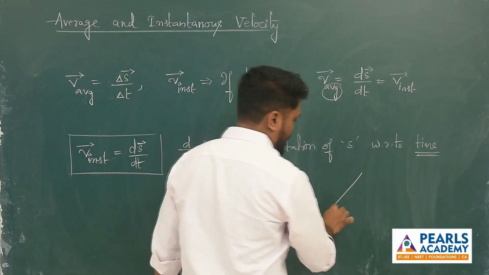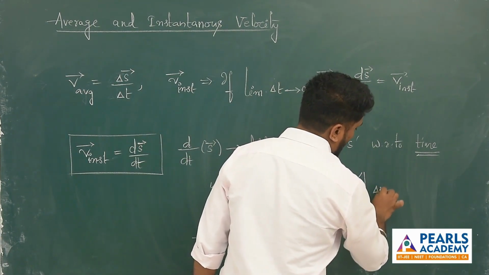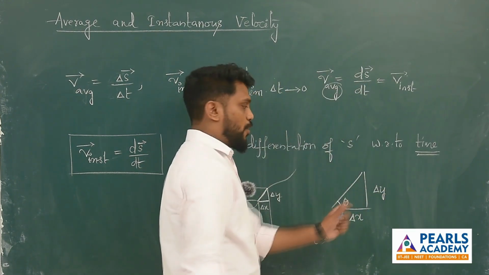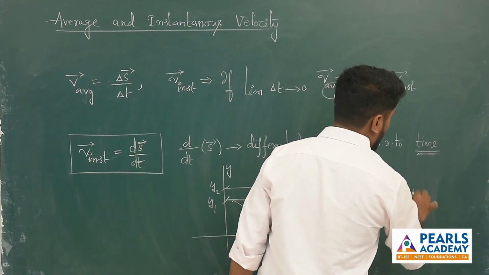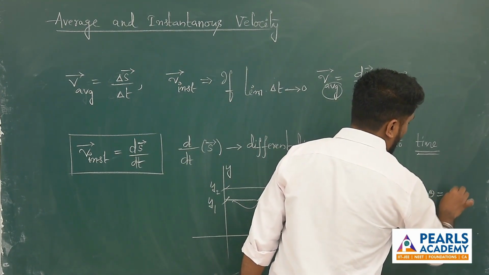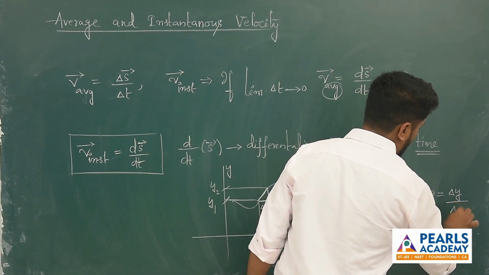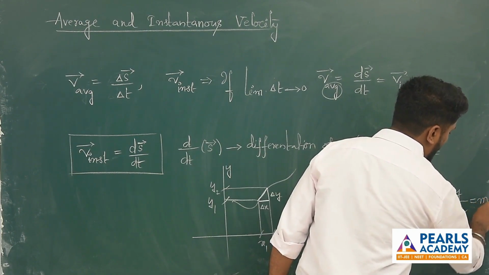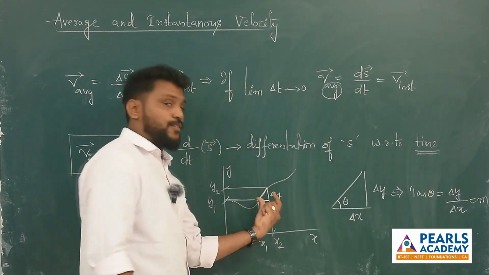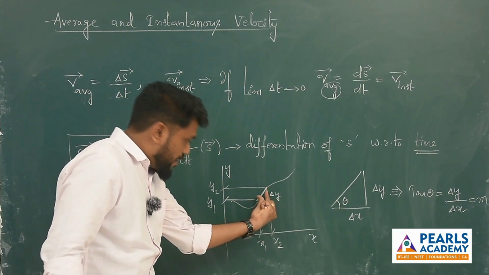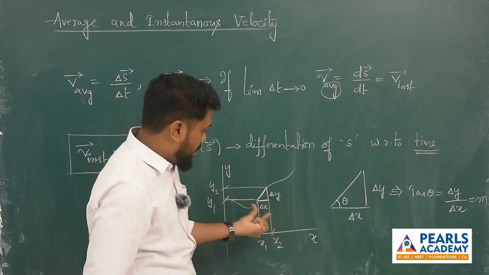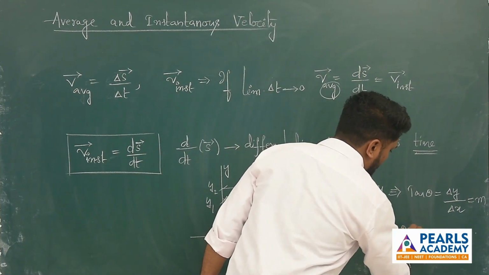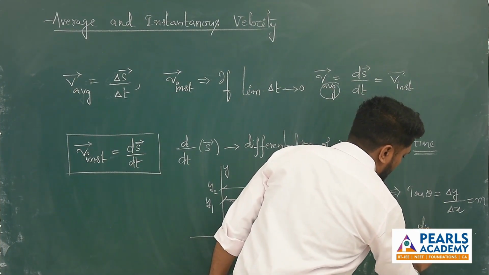If the angle is theta, it forms a right angle triangle, in which tan theta equals delta y by delta x, which is nothing but the slope of that particular part of the curve. If delta y and delta x both tend to very small values, this tan theta can also be given as dy by dx.